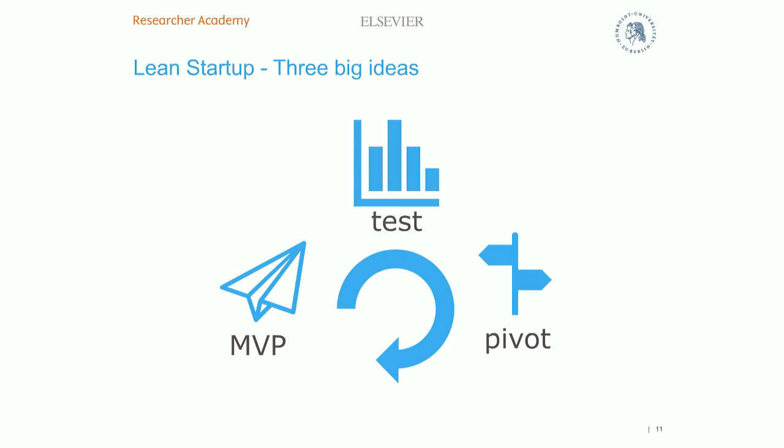And this is the third element which you see here, which is called pivot. This is a crucial element of Lean Startup. You have to decide, after you have collected the measurements and the data, if you should continue with the same product and the same business model, or if there is any aspect of your business model that should be changed.